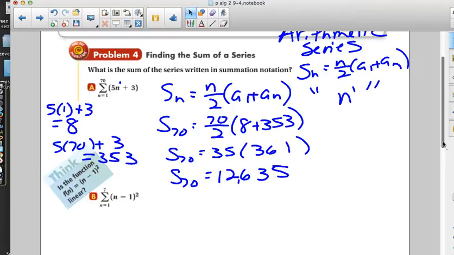There it is. So if we were to crank out all the numbers that this would give us, all 70 of them, they would add up to 12,635. They absolutely would.